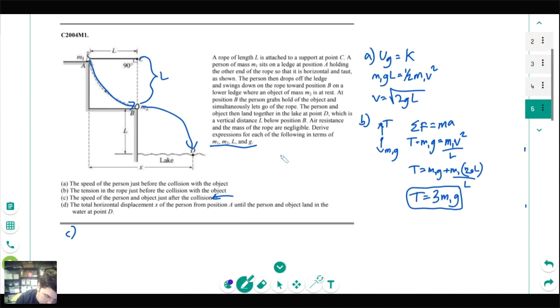So this is mass M1 times speed, which is the square root of 2GL, plus 0, because M2 is just hanging out there doing nothing, equal to M1 plus M2, because they grabbed onto the rock, and then V2, because I already used V above.